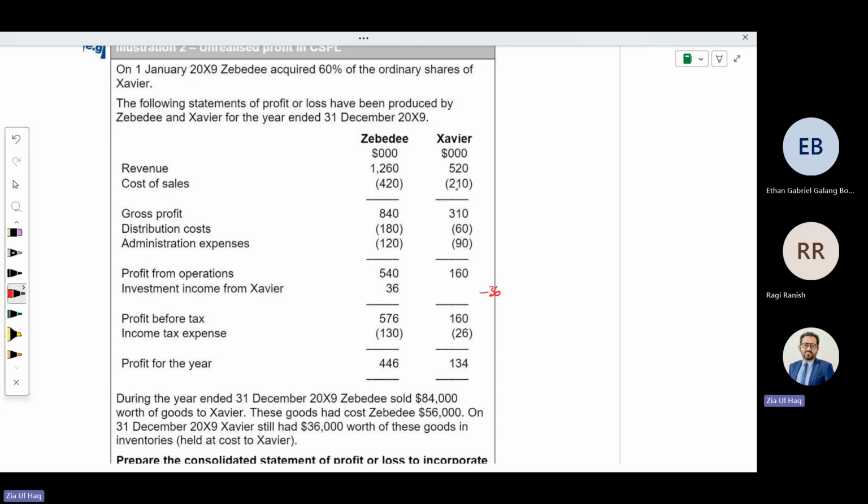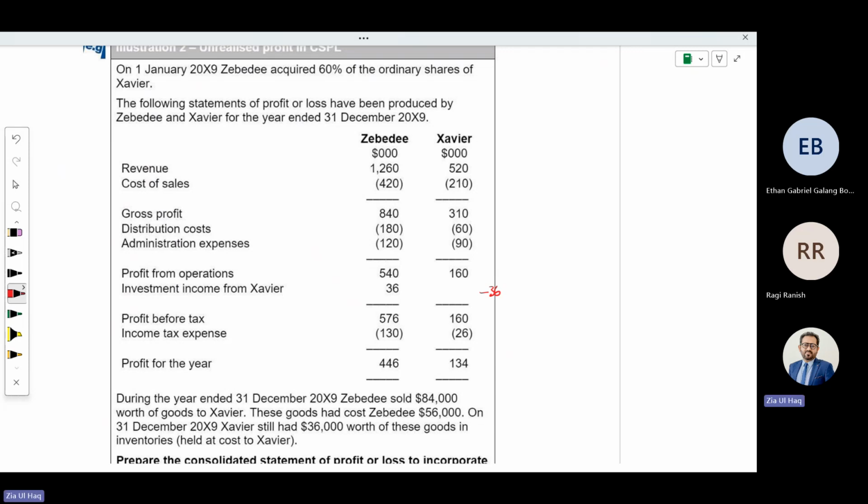While adding these 520 with this, we will first apportion 520 multiplied by 9 by 12, and then add. Cost of sales, again, we will multiply the subsidiary results by 9 by 12, then add. Against each expense, we will multiply by 9 by 12, and then add.